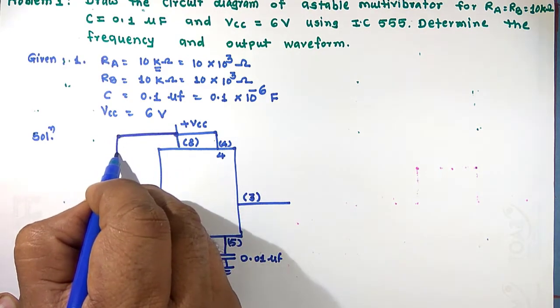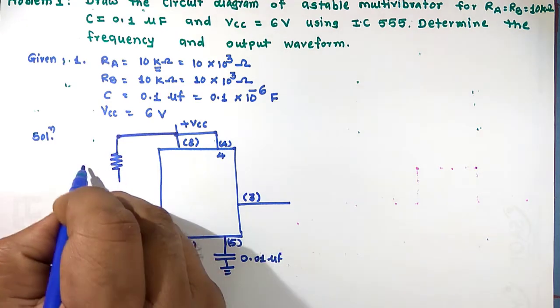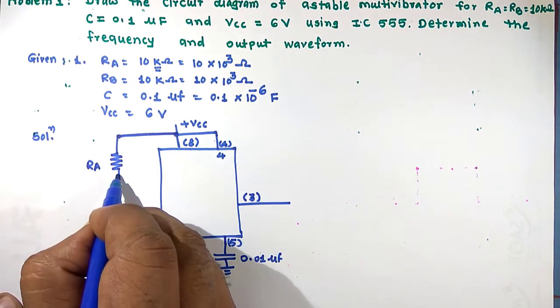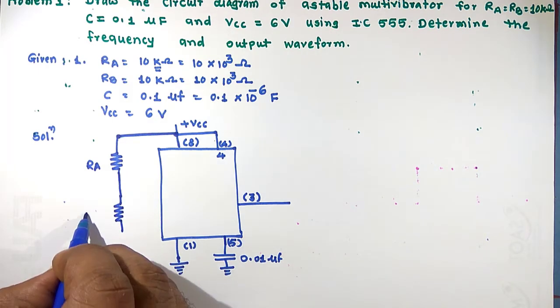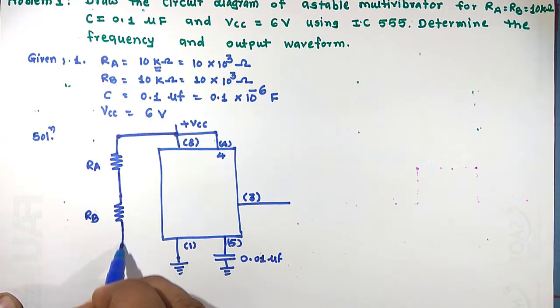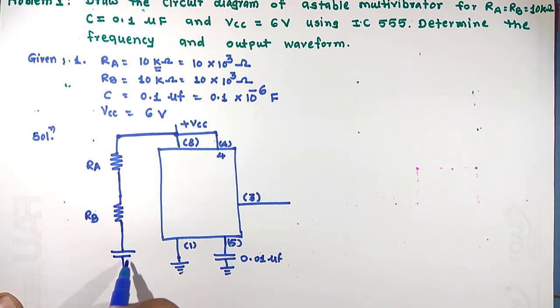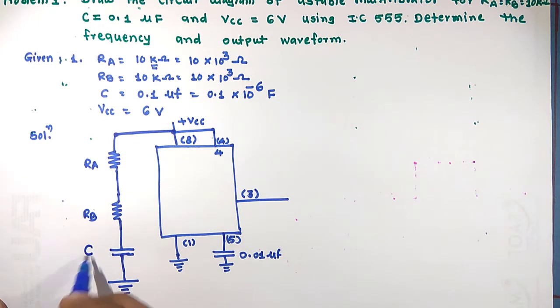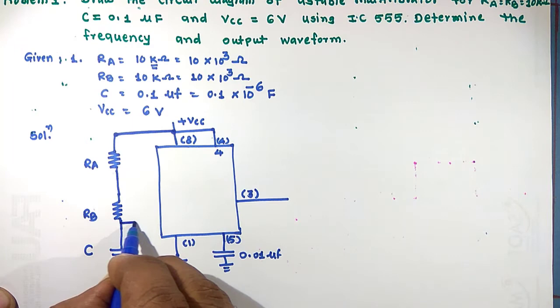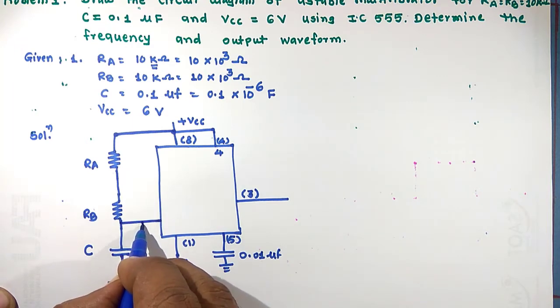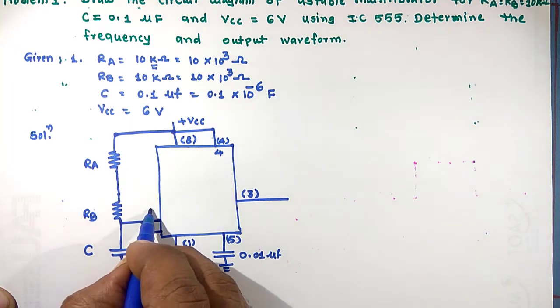RA is connected to VCC, then there is RB, and then there is a capacitor and the other end of the capacitor is connected to ground. Voltage across the capacitor is connected to pin number 2 and pin number 6 of IC.